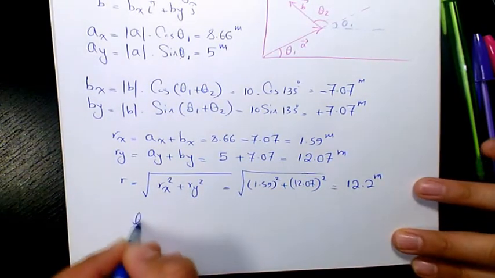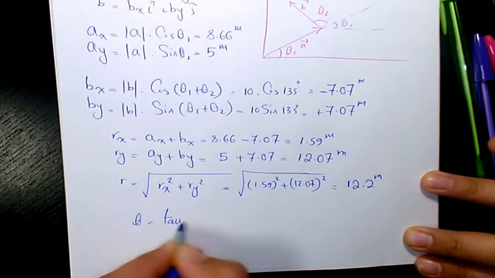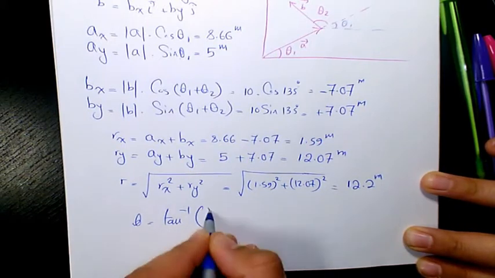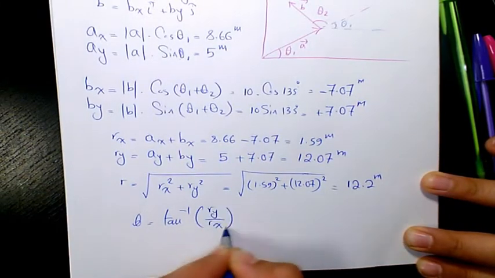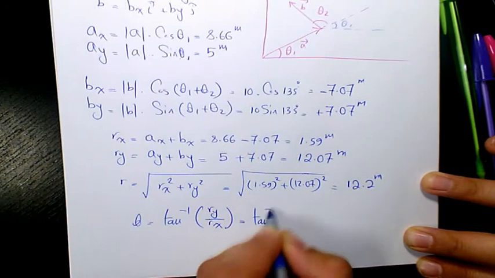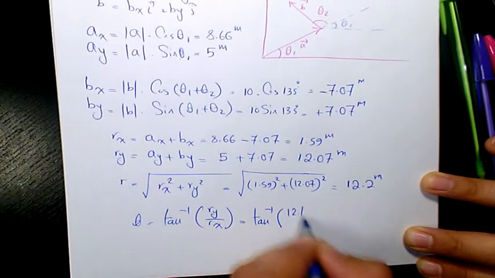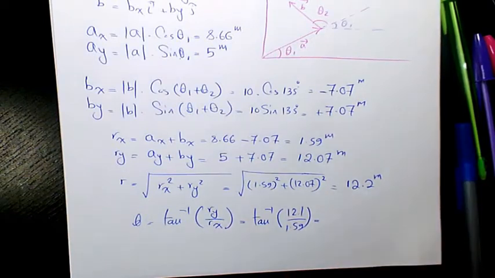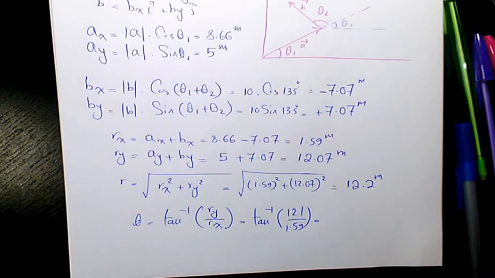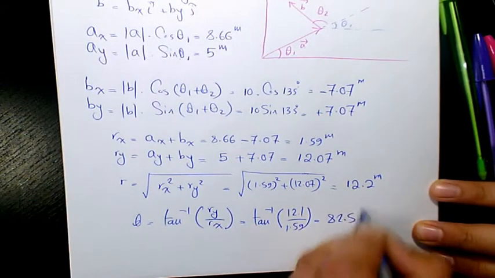We can say theta equals tan inverse of Ry over Rx, which is going to be tan inverse of 12.1 divided by 1.59. It's going to be 82.5 degrees.